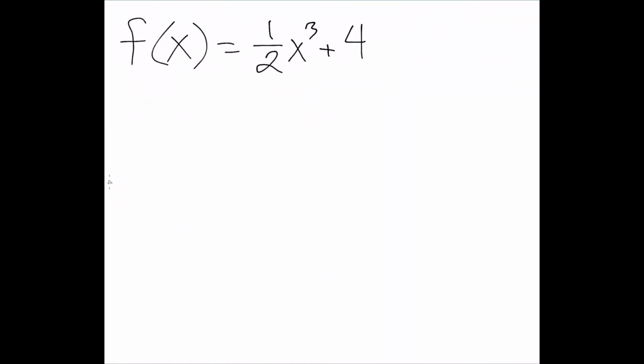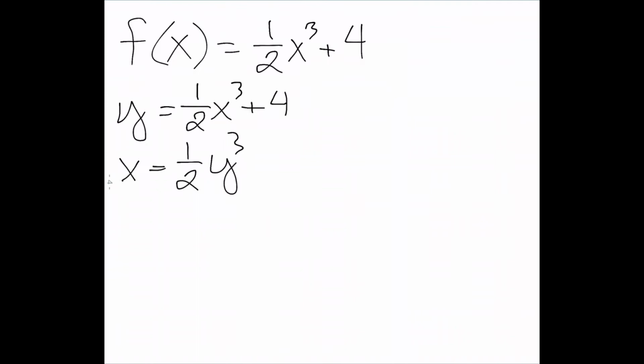For another one, f of x equal to 1/2 x cubed plus 4. Once again, I start by changing the f of x to a y. I switch my x's and y's, so now I have x equal to 1/2 y cubed plus 4. And now I solve for y. So I'll subtract 4 from both sides and get x minus 4 equal to 1/2 y cubed.